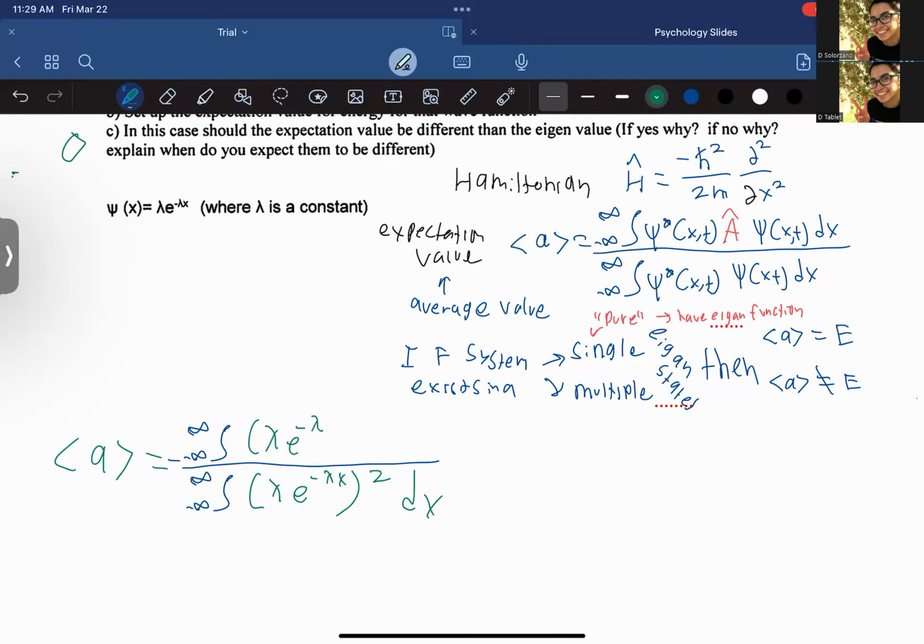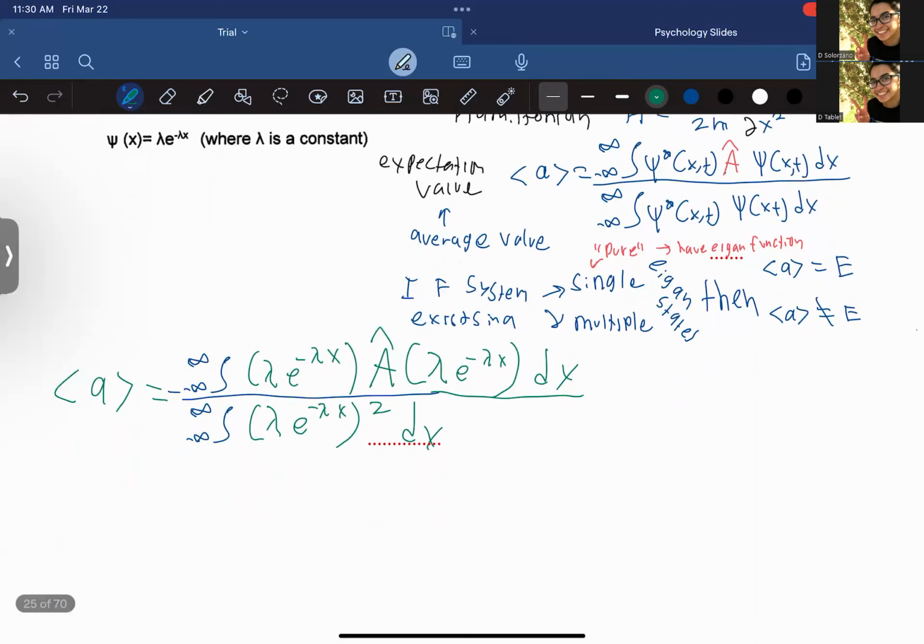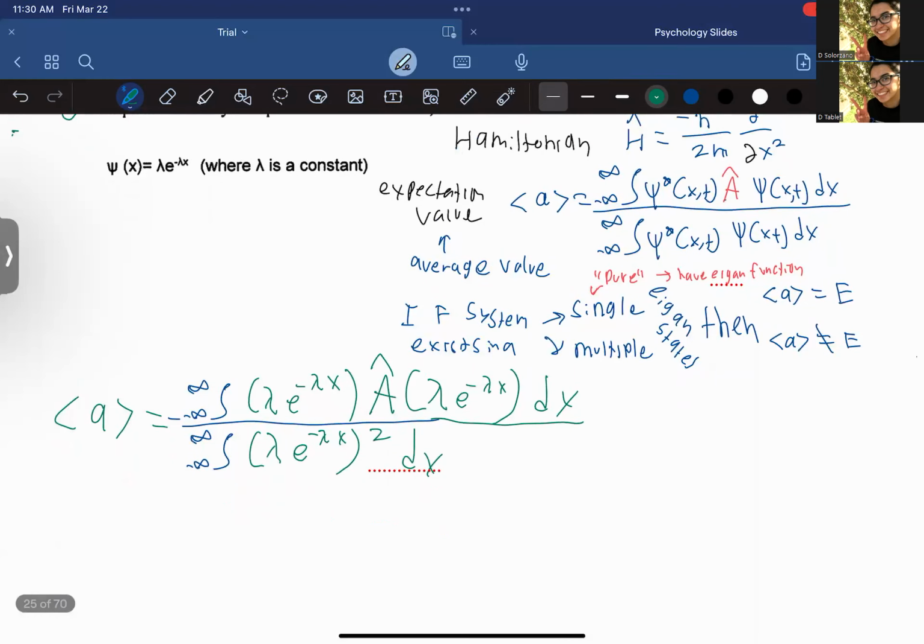They're not wave functions, they're wavelengths. I guess we will just write it fully, just to be safe. Yeah, I'd probably just write it like that just to be safe. And I think that should be it.